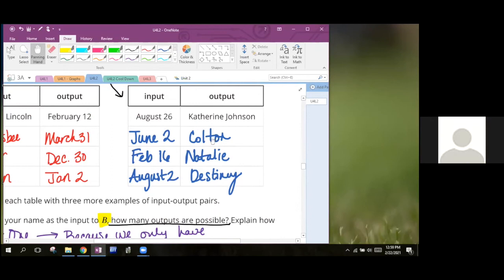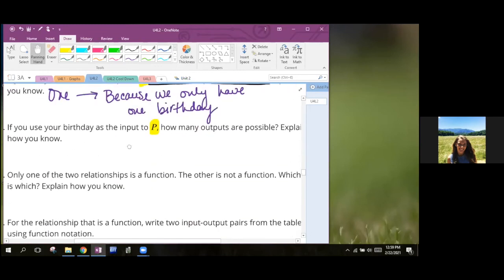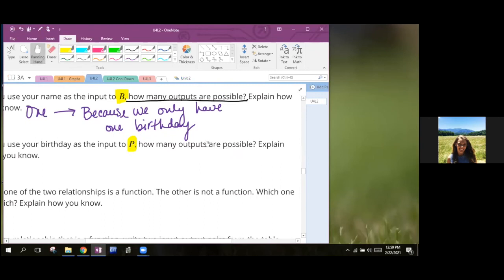Miss Fulmer, because Miss Fulmer also has a birthday on June 2nd. So how many outputs are possible? Is there more than one? Yes, we could put multiple.